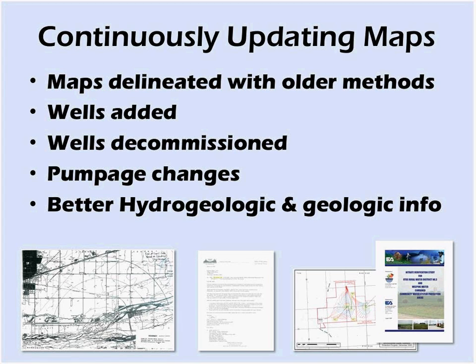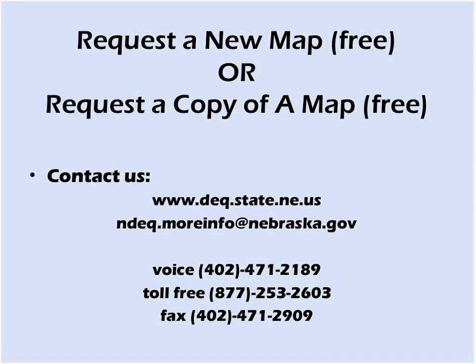We are also updating maps delineated with older methods. To request a copy of a map or to have your map redrawn, please contact us. I'm going to skip over this pretty quick as I'm going to show our contact information near the end of this presentation again.